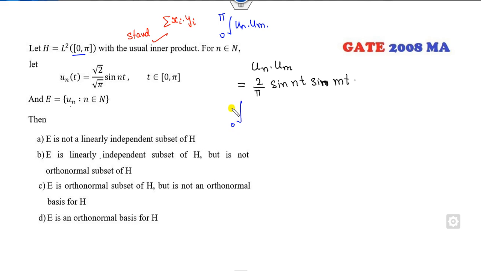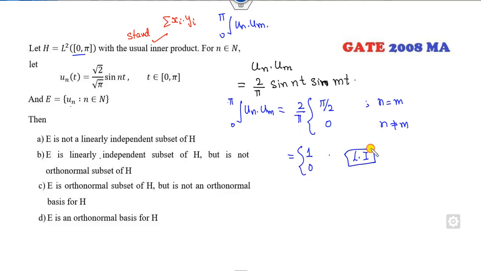So if I take the integral from 0 to pi of u_n into u_m, 2 over pi is common. This value will be pi by 2 if n is equal to m, otherwise it will be 0. So whenever n is equal to m, this integration will be 1, otherwise 0. What is the meaning of that?